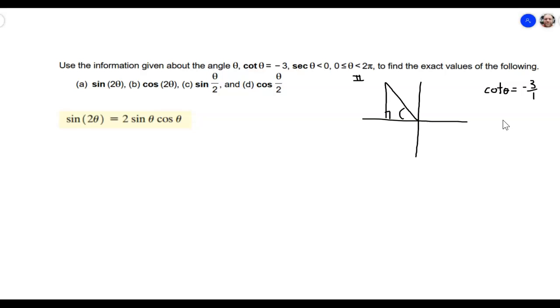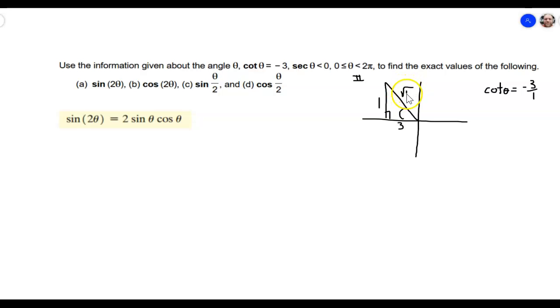According to SOHCAHTOA, if the tangent is opposite over adjacent, then the cotangent is adjacent over opposite, just the reverse. For this acute angle, it's the adjacent over the opposite side. Using the Pythagorean theorem, 1 squared plus 3 squared is 10, so the hypotenuse here would be the square root of 10.